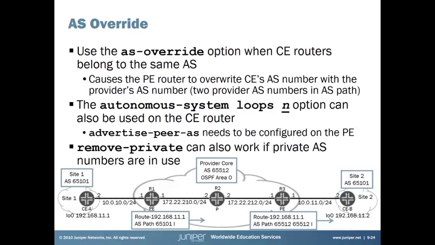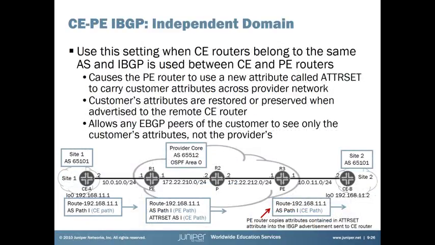You can use the autonomous system loops option, or if the CEs are using a private autonomous system from the private autonomous system range, you can remove that from the path statement altogether. So there's not just one way of solving the problem, there are a few different ways.